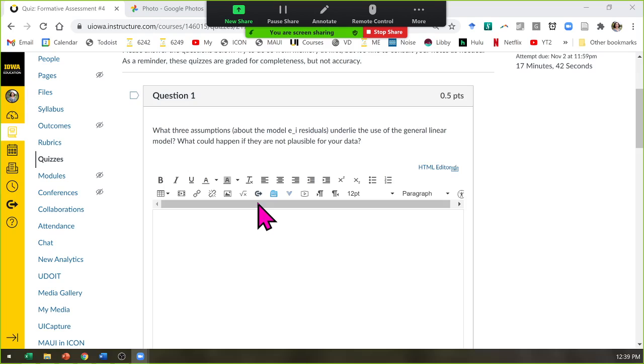So if you just put in a linear slope for X in predicting Y, then you are assuming that they're linearly related. If you put in a bendy slope, like a quadratic effect by adding a squared term, which we talked about at the end of last week, then you're assuming that they are quadratically related, not linearly related.